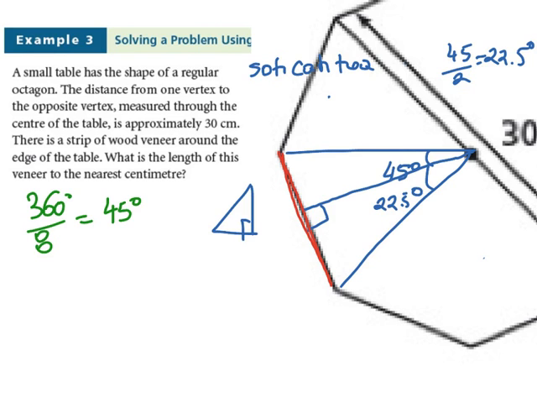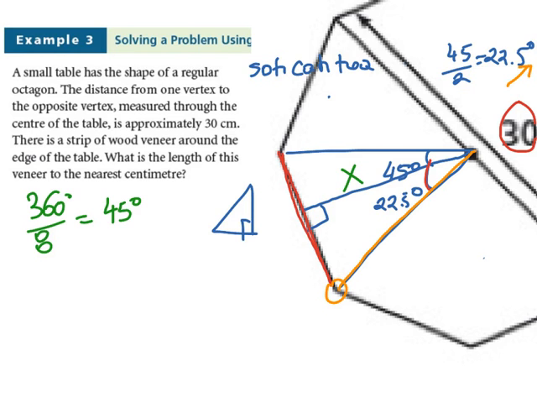What else do we know about the question? We know the angle. Okay, great. But that 30 has something to do with one of these sides. Well, it's not the height of the triangle. It actually has something to do with this part right here. We know that from one end of the vertex all the way to the other side of the table, it's 30 centimeters.